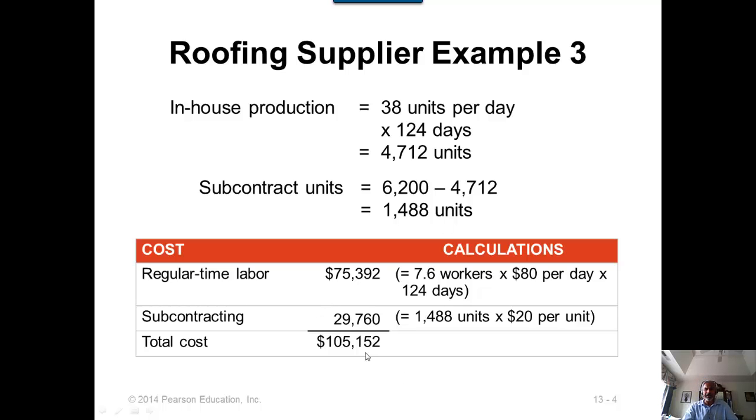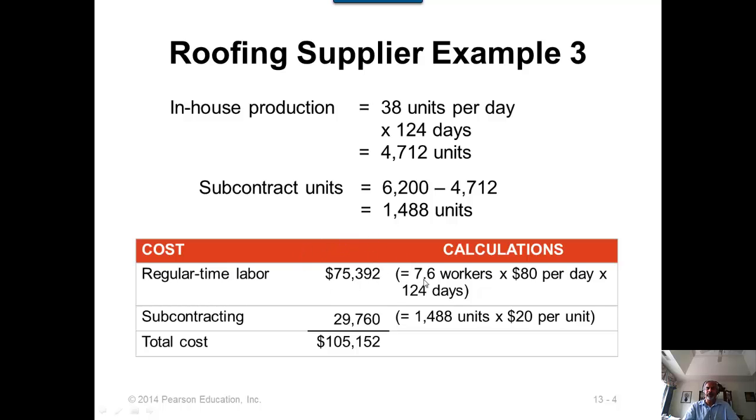So here is the subcontracting cost, and to produce at the rate of 38 units a day, we need 7.6 workers. And then $80 a day and 124 days, this will give you the regular labor time.